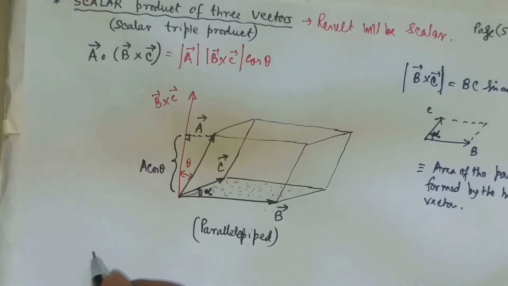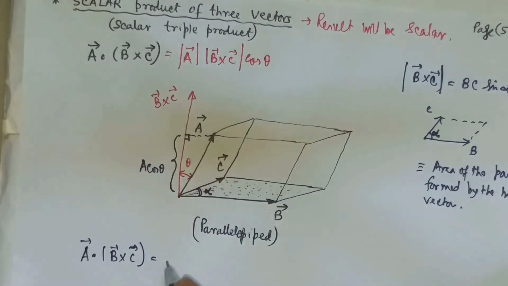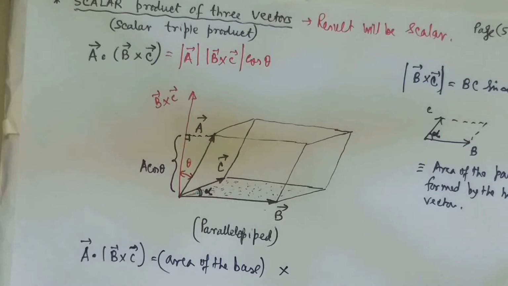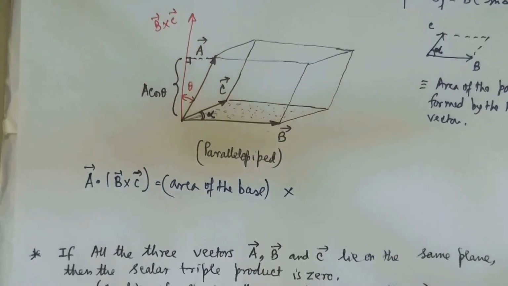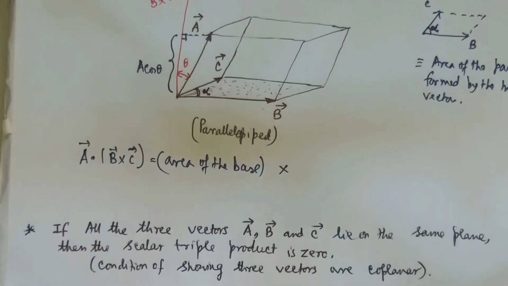So now what we have is A dot B cross C is magnitude of B cross C, which is area of the base, into A cos theta. Now what is A cos theta? Just now you observed A cos theta is the height of this parallelepiped.